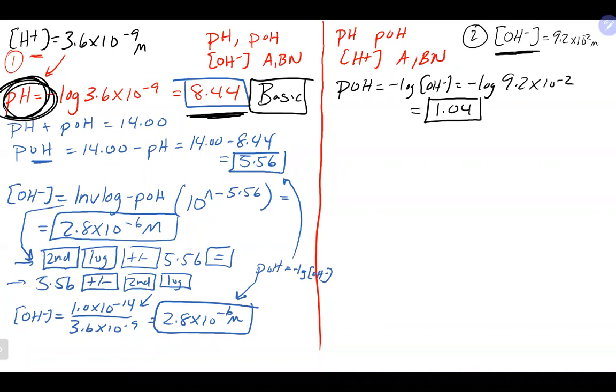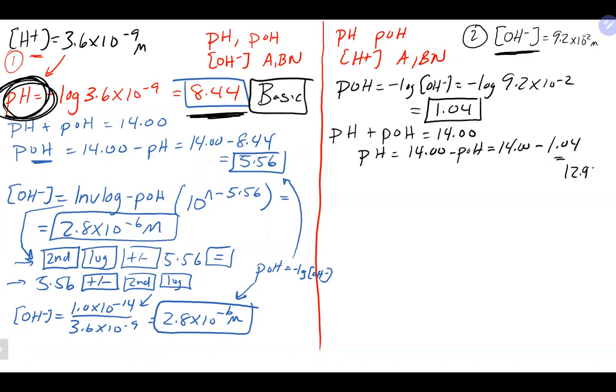Now at this point, again, you have options, but to me the easiest way to get to the pH is to use the same approach as we did to the left. pH plus pOH is equal to 14, which means in this case the pH would be 14 minus the pOH, which is 14 minus 1.04, and that gets us 12.96 in terms of our pH.